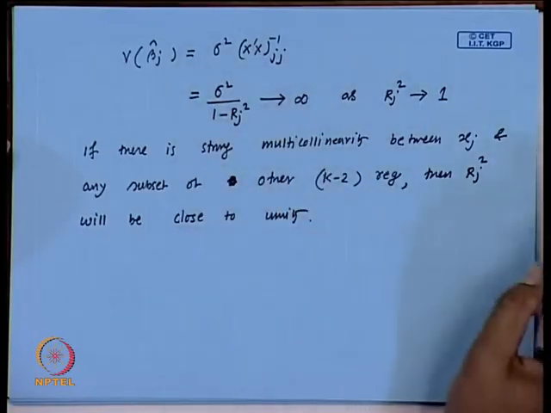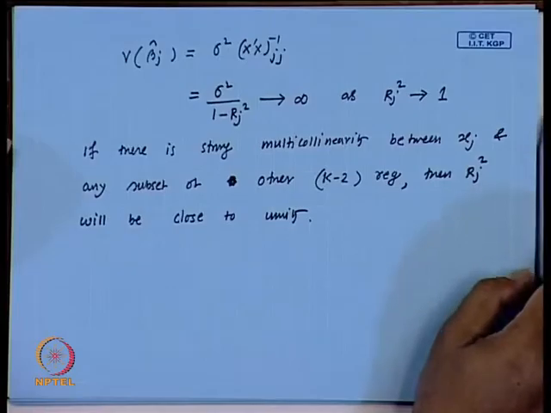So, this proves, today we could manage to talk about only one effect of multicollinearity, that means only one problem due to multicollinearity, that strong multicollinearity results in large variance and covariance of the regression coefficients.